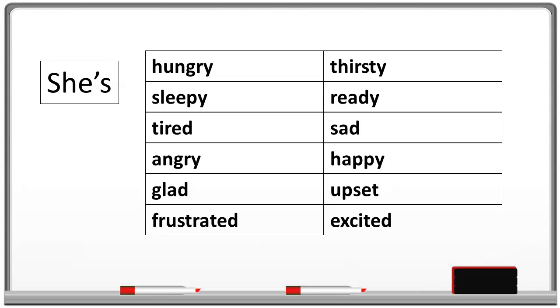And let's quickly go over the vocabulary that we learned. She's hungry. She's sleepy. She's tired. She's angry. She's glad. She's frustrated.